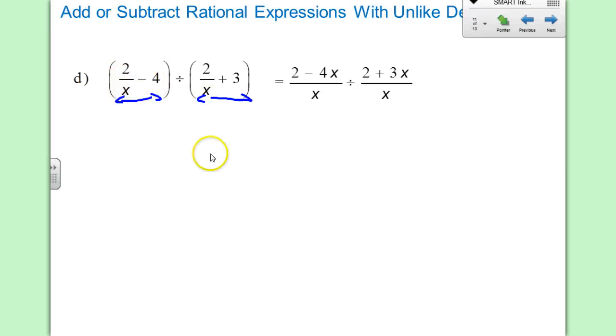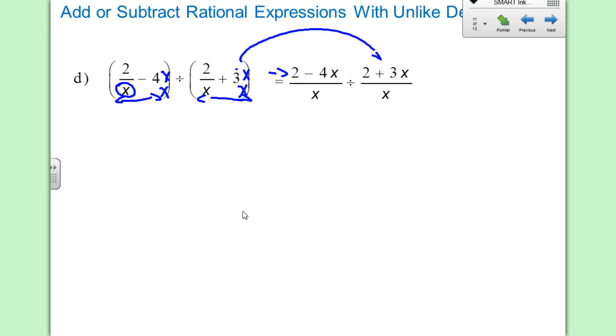So if we bring it together under a common denominator, it looks like that was just magic and it happened really quick, but we can start to take some shortcuts. There's a denominator of x right there. I need an x underneath here, so I multiply top and bottom by x, which just becomes 2 minus 4x. The denominator here is x, so I multiply top and bottom by x here, which just creates 2 plus 3x, right?